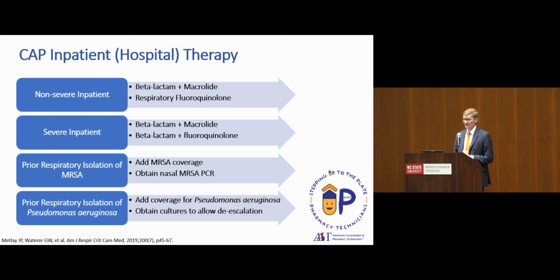For our severe inpatients, we could use ceftriaxone plus azithromycin still, or we may want to use a beta-lactam plus a fluoroquinolone. And then if they've previously had MRSA isolated, you would want to add something like vancomycin that'll cover MRSA. And if they've previously cultured Pseudomonas aeruginosa, our resistant gram-negative bacteria, then we may want to add something that's going to cover that.